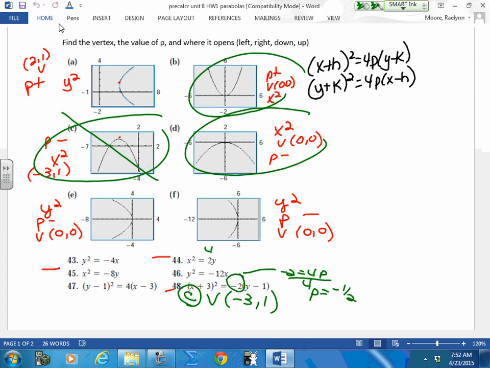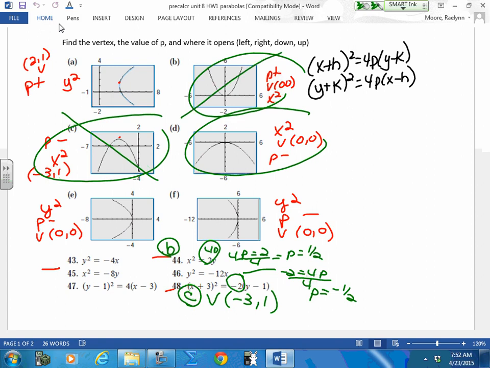Let's say this is your 4p. Divide by 4, and p is equal to a positive 1/2. And what's your vertex for this guy? 0, 0. So let's take a look at that. Do I have one that's opening up of my x squareds? This one and this one are left. Which one's opening up and has a vertex of 0, 0? B. Okay? We got that out of here.